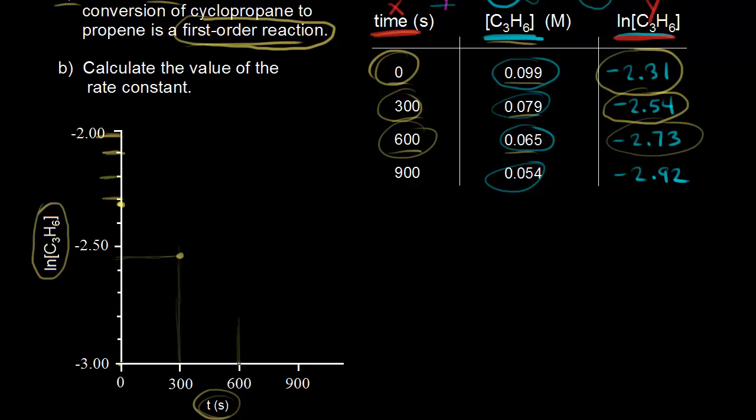This would be negative 2.6, negative 2.7, so negative 2.73 is close to there. Certainly not perfect, but close enough. Finally, time is equal to 900 seconds, negative 2.92, which would be pretty close to there.